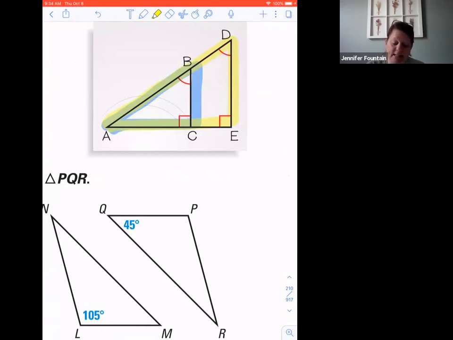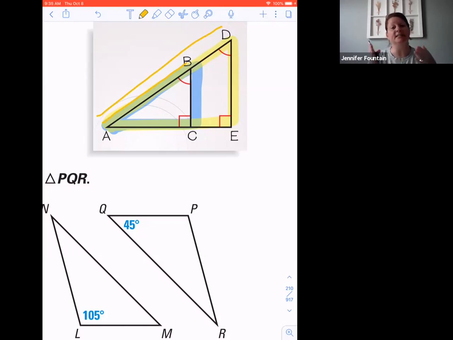Okay, so I can see here that when I'm dealing with AB, AB is not the same length as AD. Okay, remember congruent triangles are same size, same shape. Okay, so these are the same shape, but they're not the same size. So that's the biggest thing there, is they are not the same size.